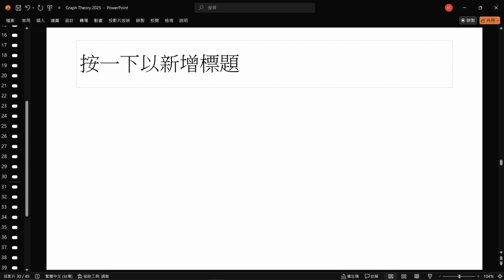So after a round, the degree sequence becomes something new. I'm going to use D prime to denote the new degree sequence.